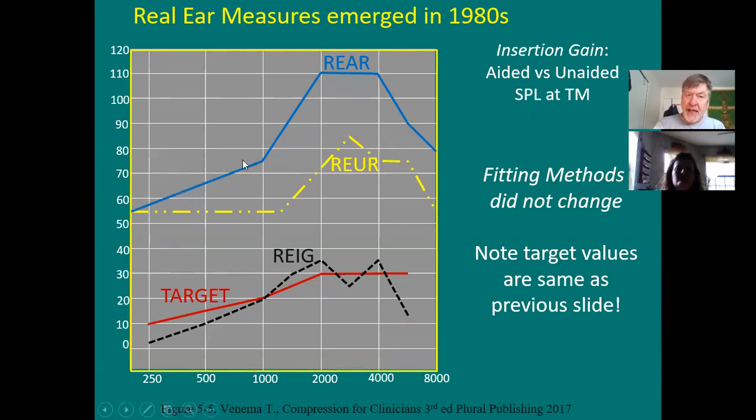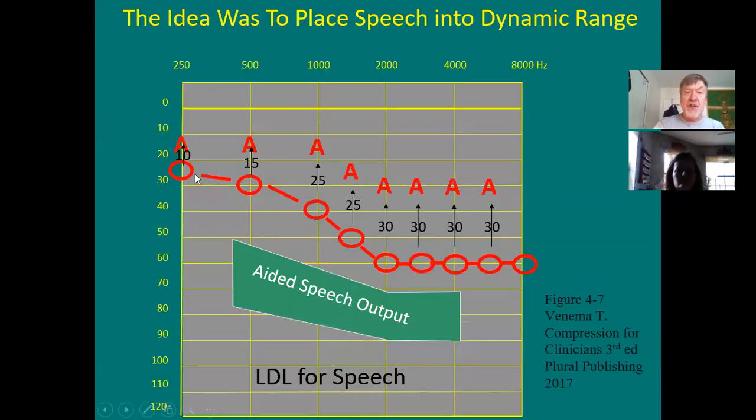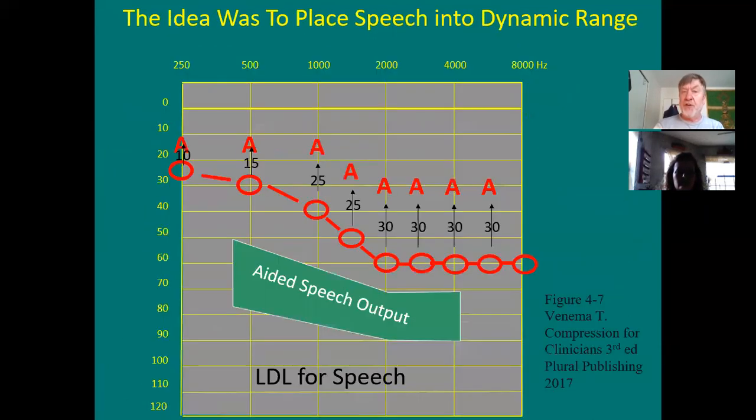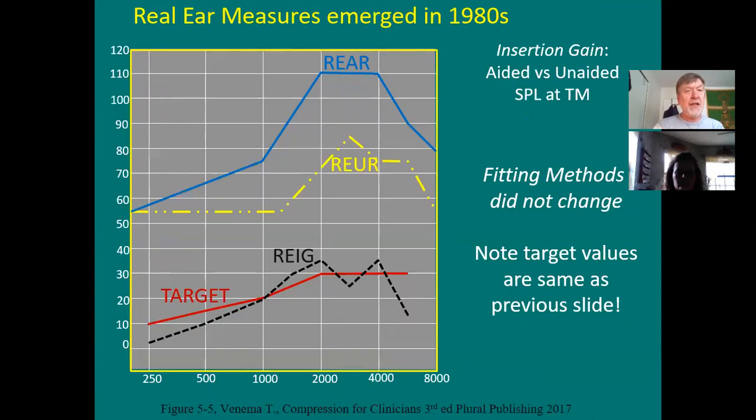And then they wanted the aided response above it, so that real ear aided minus unaided equaled the insertion gain. And the insertion gain would be exactly the same as the letter A's here, okay? It's just that this is non-behavioral, while this was behavioral, okay?